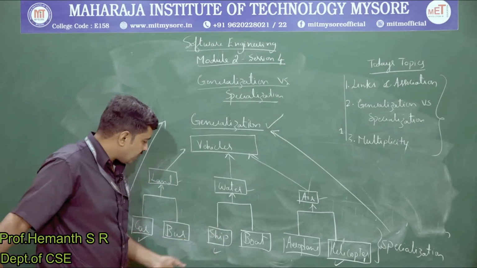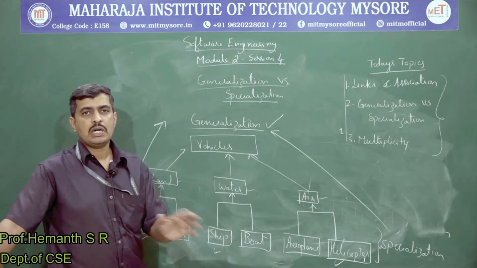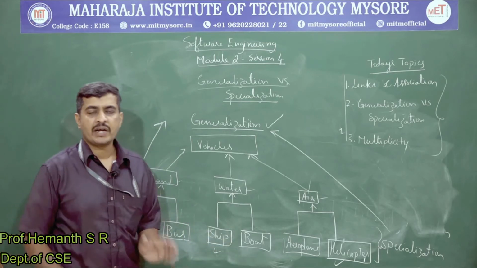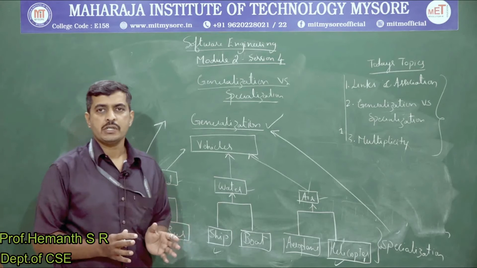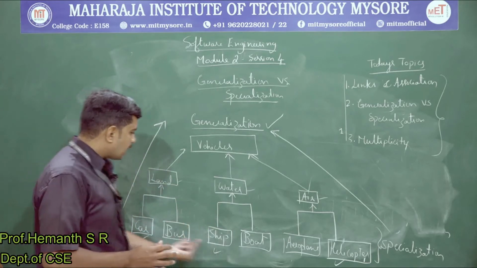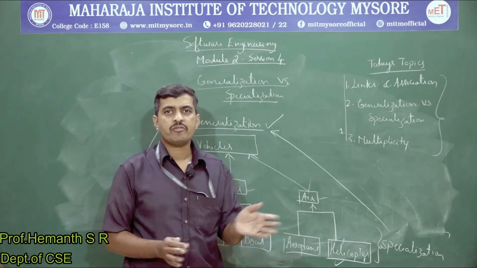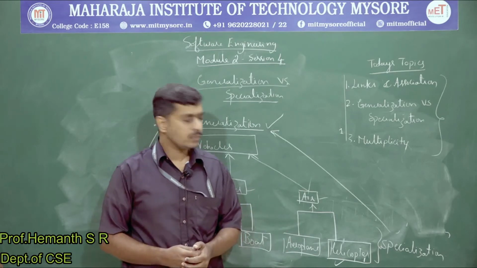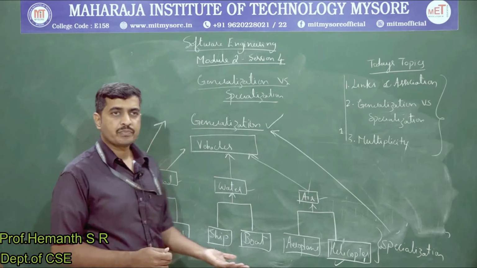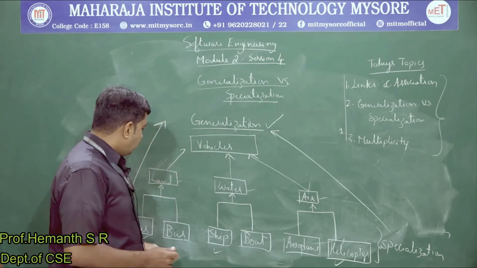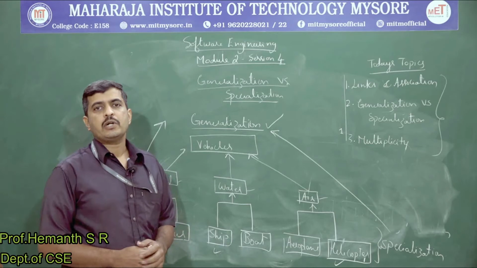They can take passengers from one place to another. That is a common characteristic, a common operation between a car, ship and helicopter. It can move forward, turn left, turn right. These are operations it can do. It can carry passengers, it will have a seater, it will have doors.